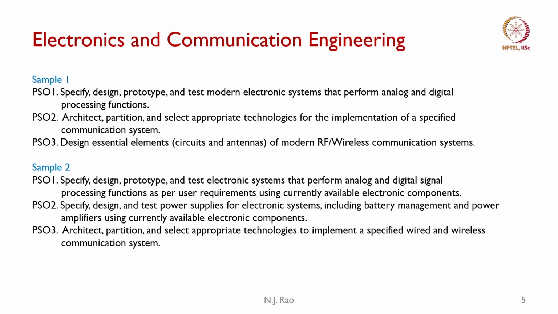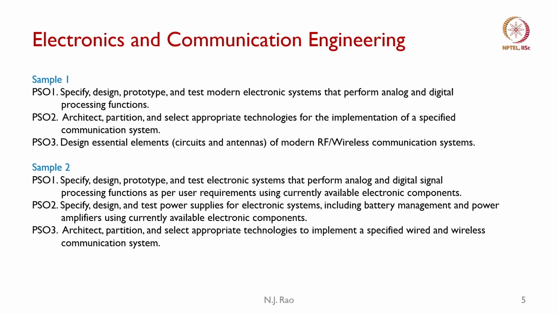Then PSO3 is: design essential elements of modern RF and wireless communication systems. So the third PSO is related to designing elements of RF and wireless communication systems, that is, circuits and antennas. So there is a lot more emphasis on communication and its hardware as well.